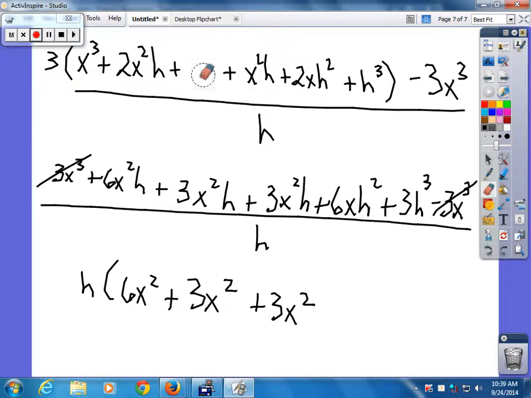H squared x there. And right here, squared x, and 3 h squared x, and 3 h squared x. And take out an x, h, that would be h.